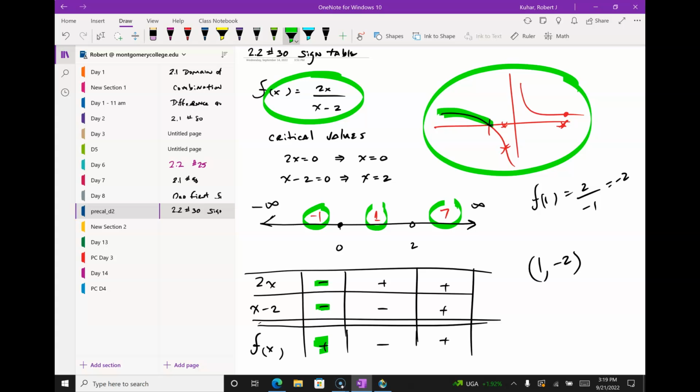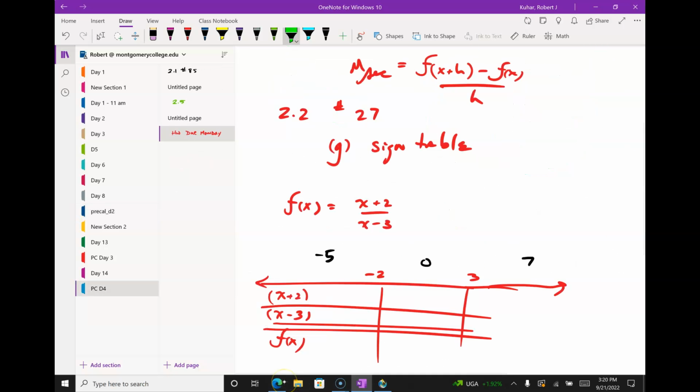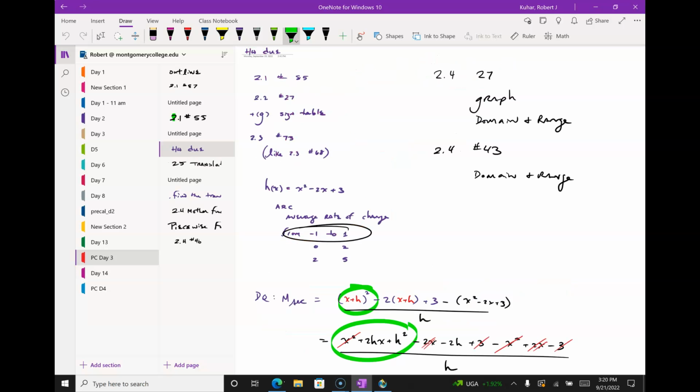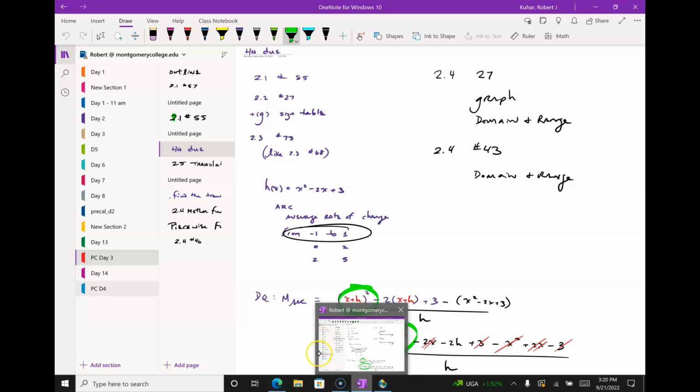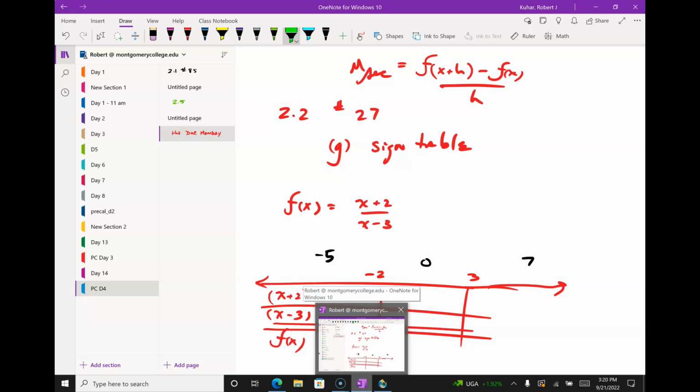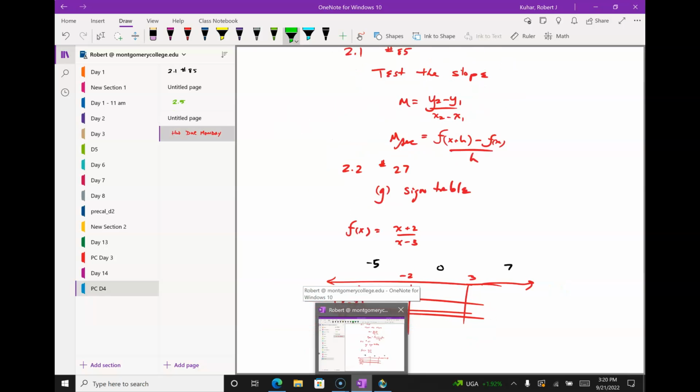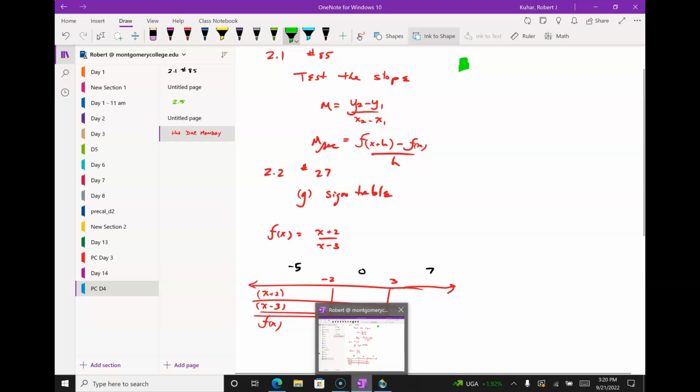Sign table, yes? The next problem is section 2.3, number 73. And I did one just like it at the end of last class.